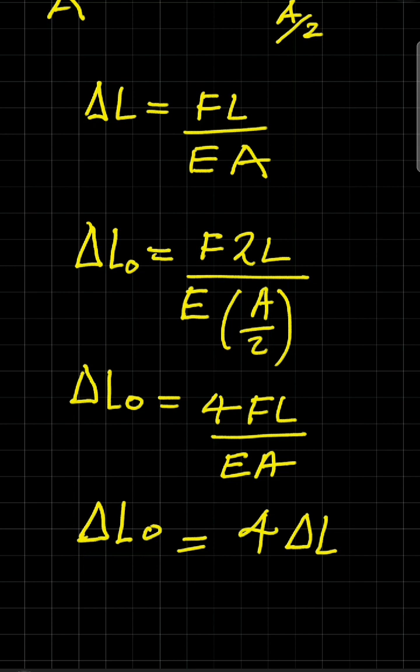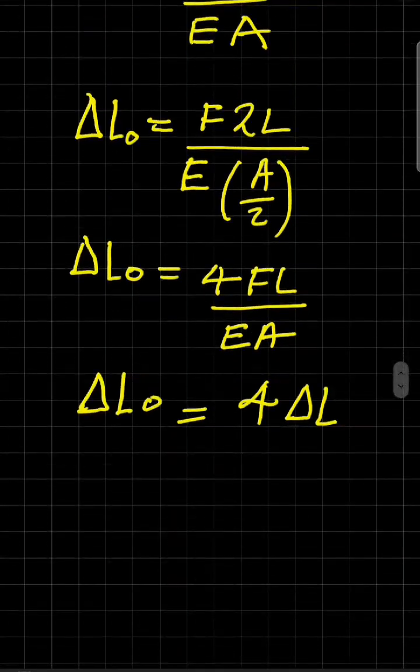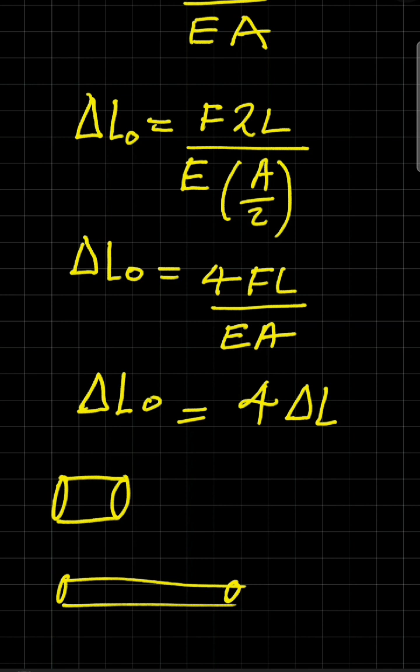That means the extension of the second wire is much greater than the extension of the first wire, which makes a lot of sense actually, because if you look at the structure, the first wire is very thick and very short, but the second wire is very thin and very long. It makes sense. This wire would indeed have a longer extension, unlike this wire over there.